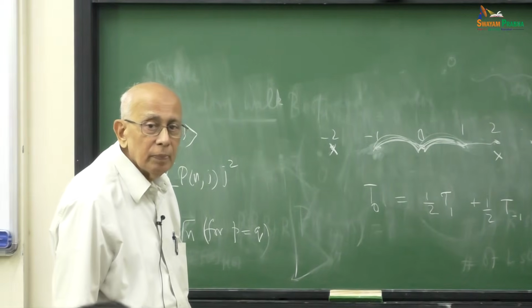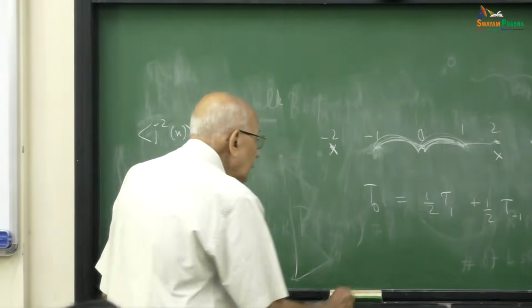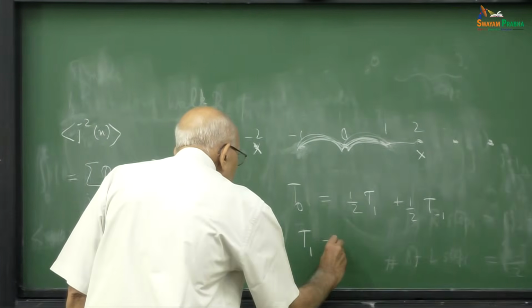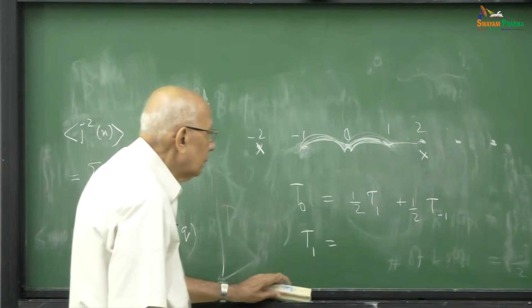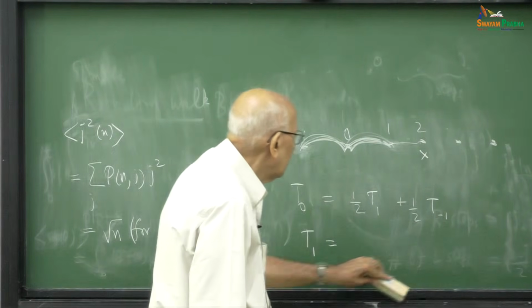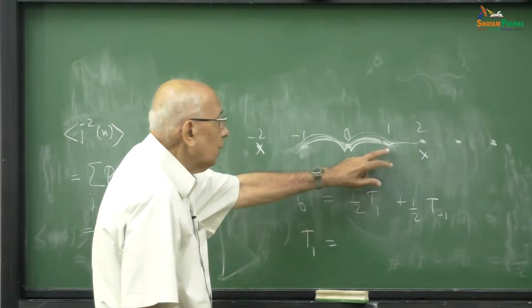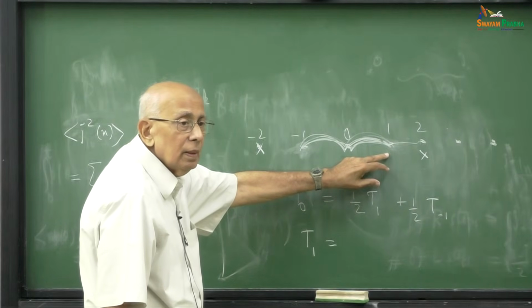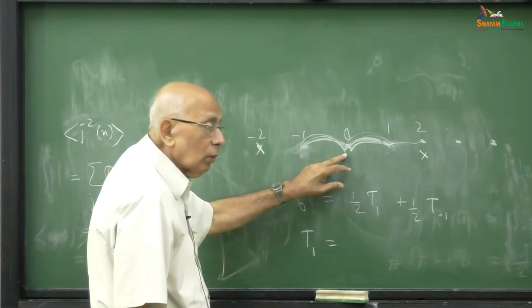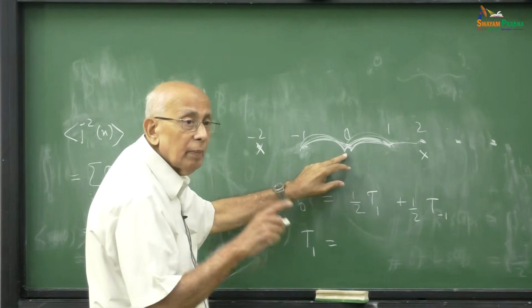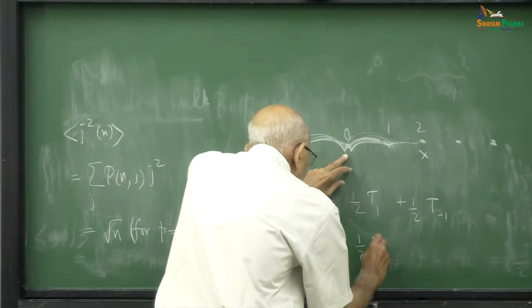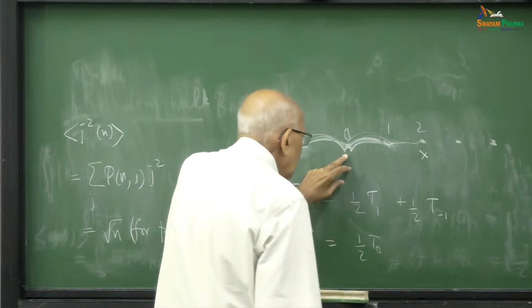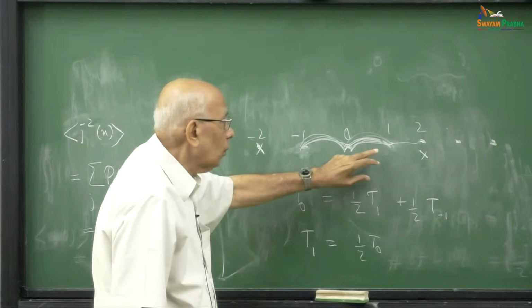Agreed? But now what's t1 equal to? If I'm here, I go to 0 with probability half, and then I have to multiply by t0. So it is half times t0. And then what?